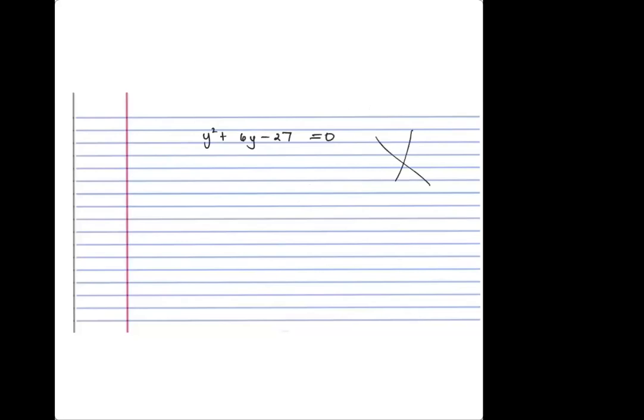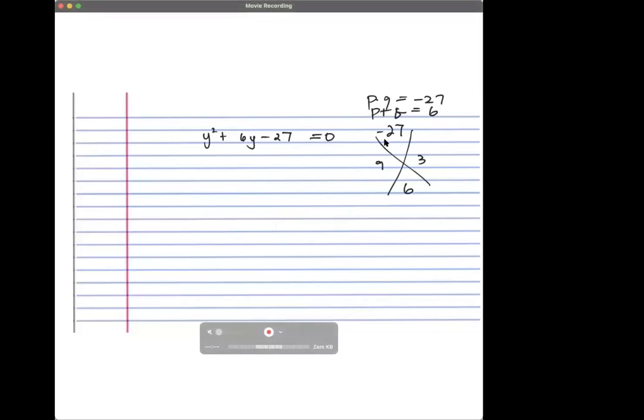So I'm going to ask myself what are factors of negative 27 that add to 6. That means I want two numbers, p times q, that'll equal negative 27, but when I add them, I'll equal 6. 27 doesn't have that many factors. Hot dog, it don't got that many. 9 and 3, 27 and 1. So let's go with the 9 and 3. I need one of them to be negative, because there's no way you can get a negative 27 unless one of these is negative.